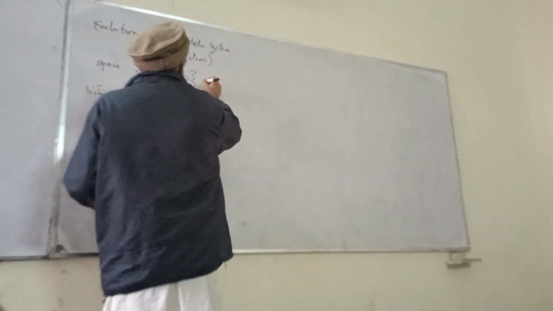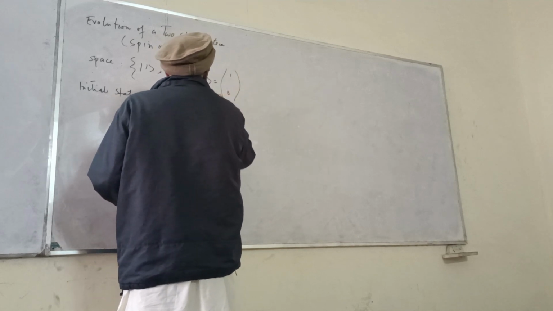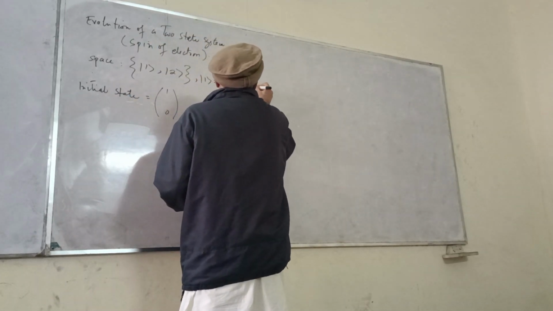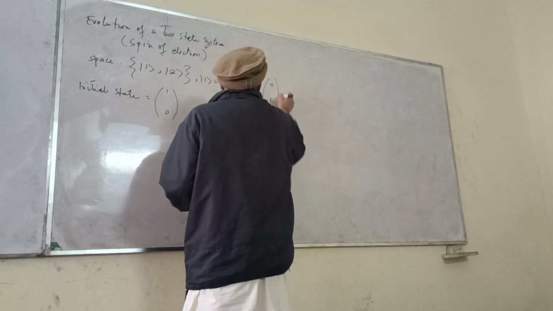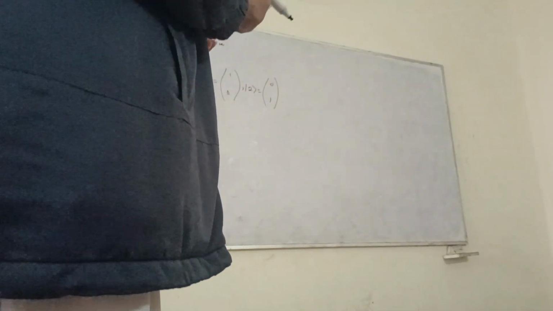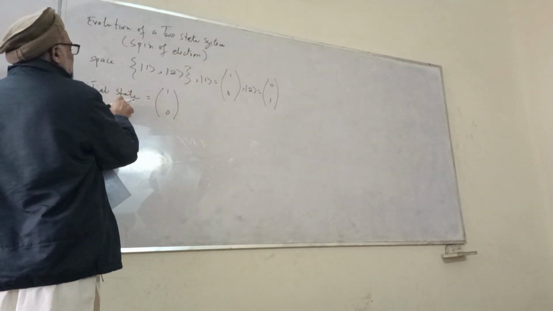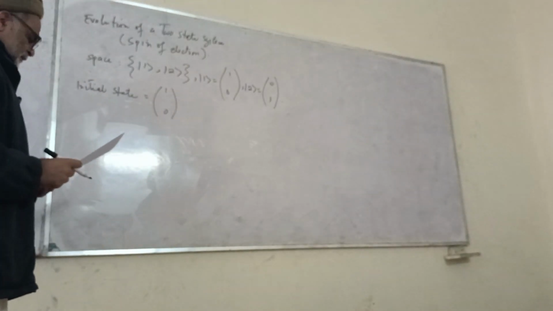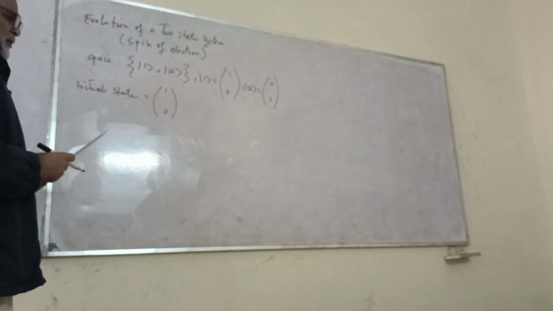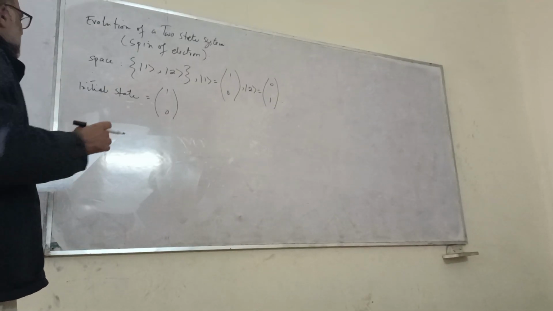We can say that state 1 is equal to (1, 0) and state 2 is equal to (0, 1). These are the two possible states. So if the particle's initial state is this, and we have a Hamiltonian, we want to measure something.